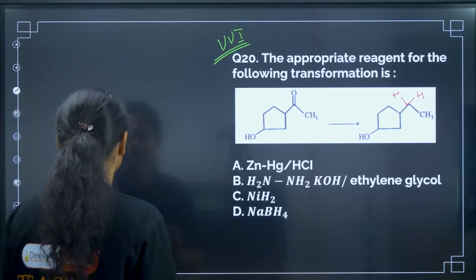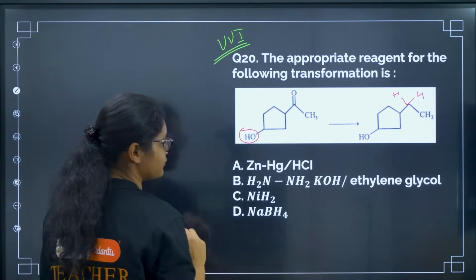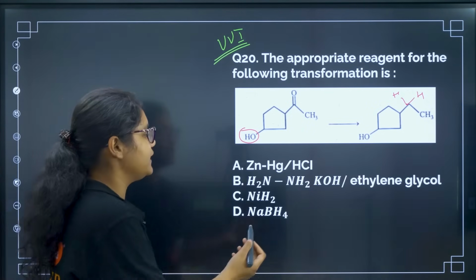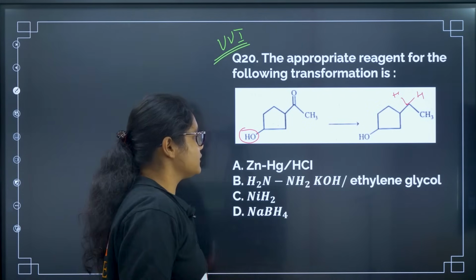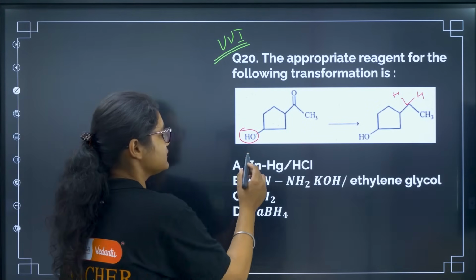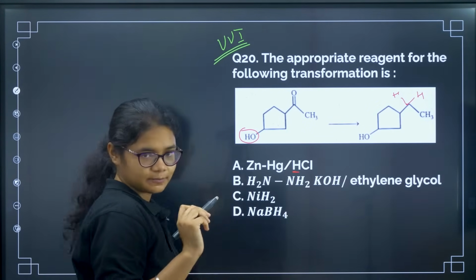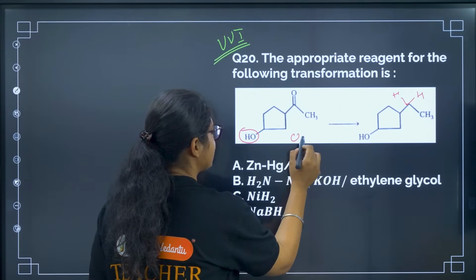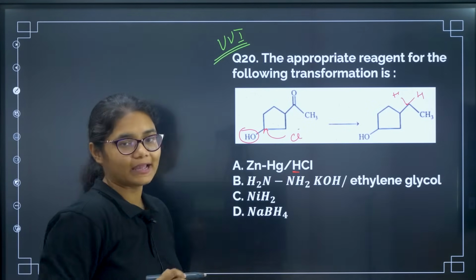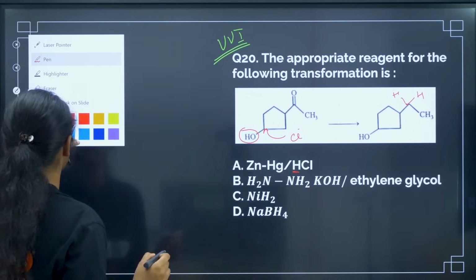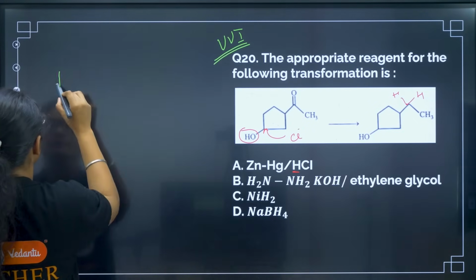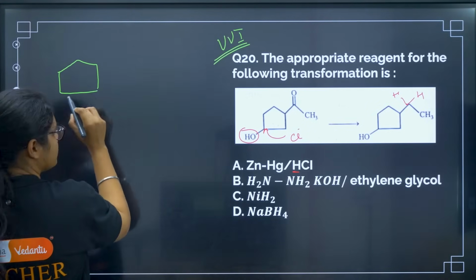See here, we have this OH group, right? If you take HCl, what happens here is this OH group reacts with this H plus, and this Cl minus acts as a nucleophile and it can attack here. So there is a probability to get this product.